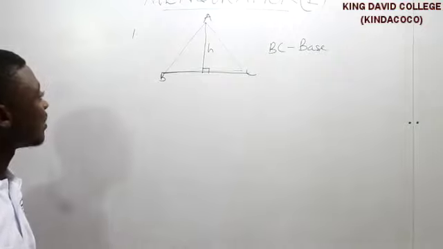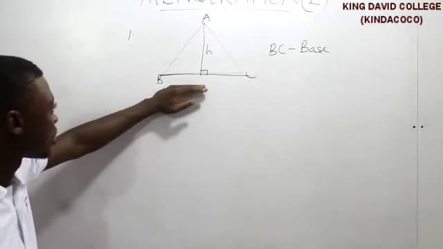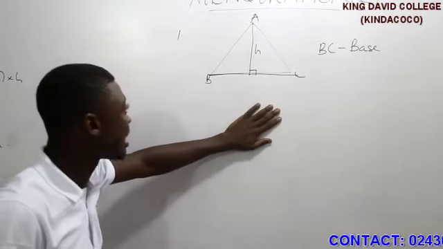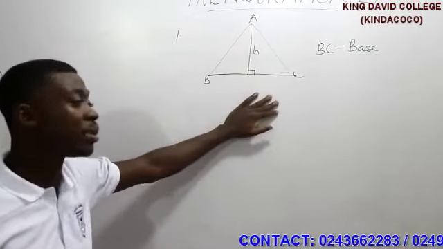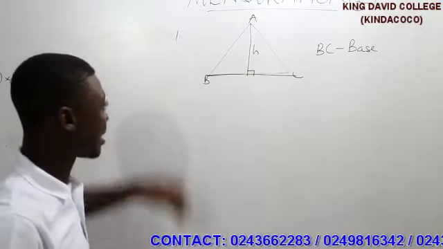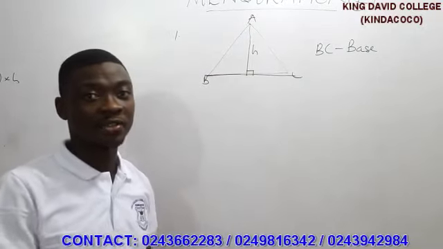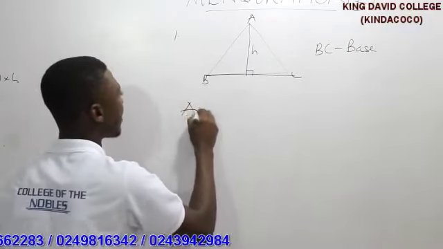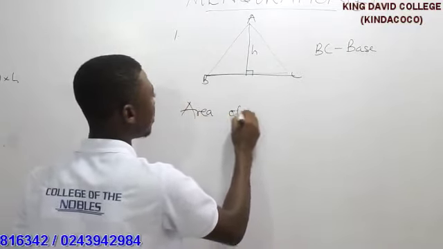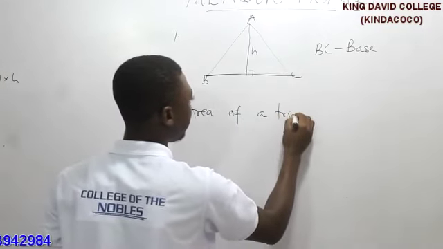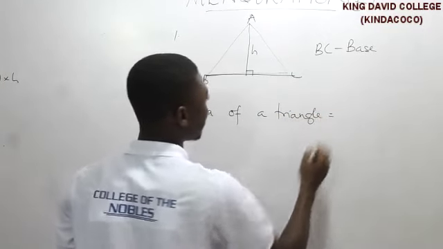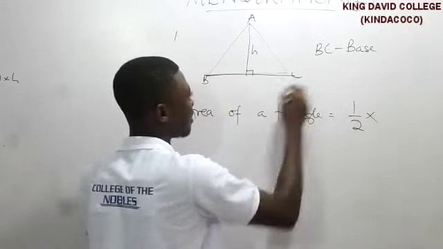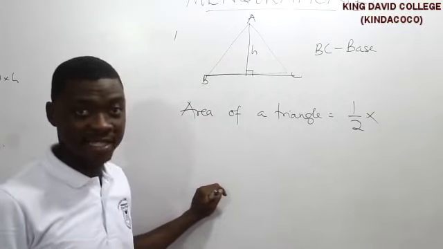So whatever is given, you must try and establish the base value and then the value of what? The height. When you get these two, then you can find the area of what? Triangle. Okay. So if you want to determine the area of a triangle, then that is going to be half times the base. The base you have here is BC. Okay?